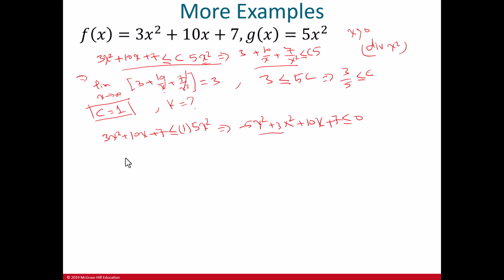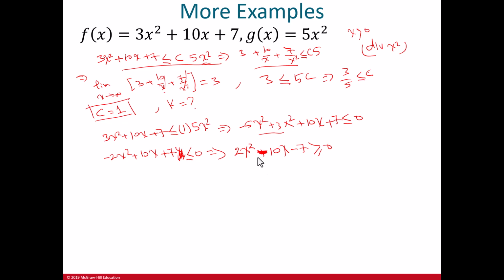This will be simplified to negative 2x^2 + 10x + 7 less than or equal to 0. If I want to make these positive, I multiply both sides by negative 1. So this will give me 2x^2 minus 10x minus 7 greater than or equal to 0.